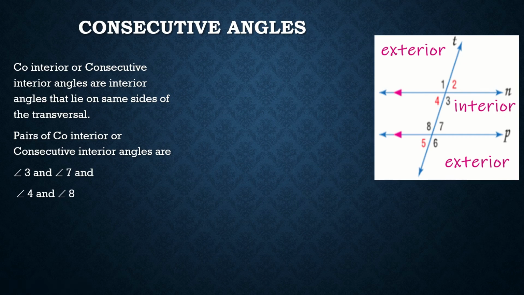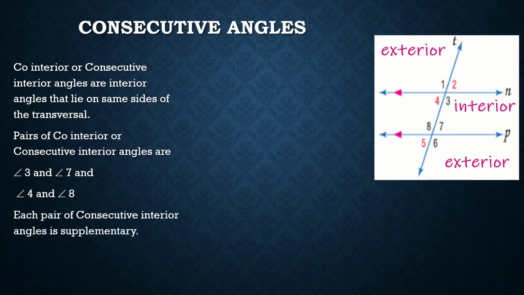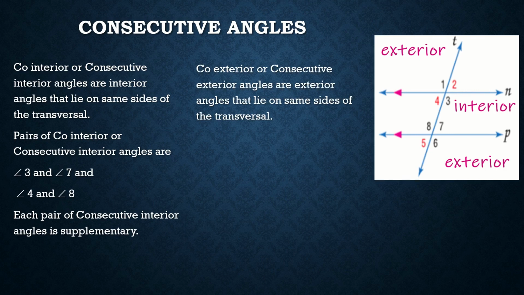What is the property of consecutive interior angles? Unlike corresponding and alternate angles, consecutive angles are supplementary. What do we mean by supplementary? These angles make 180 degrees. Let us talk about co-exterior or consecutive exterior angles.